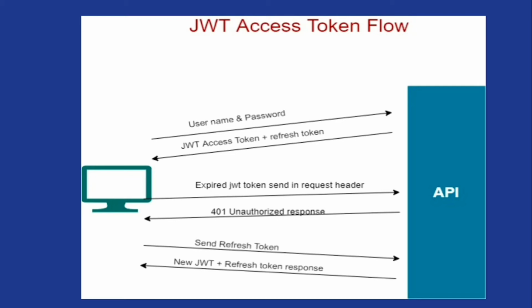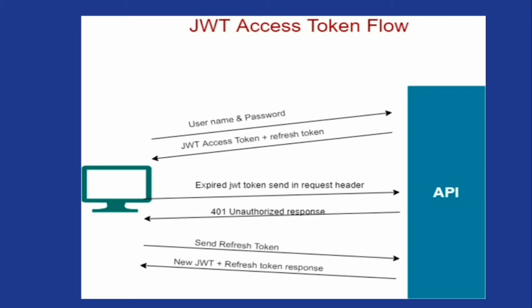So the JWT access token is short-lived. Okay, the recommended time is 20 minutes, whereas the refresh token is long-lived and its recommended time is 7 days. The JWT token will be added as a request header for every request, so the request will be an authenticated request.